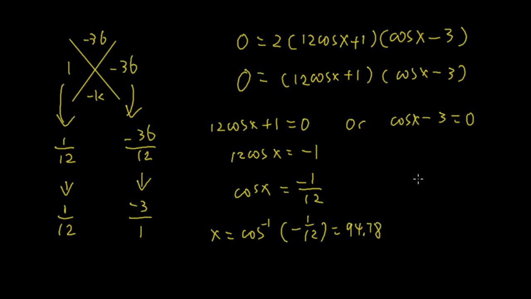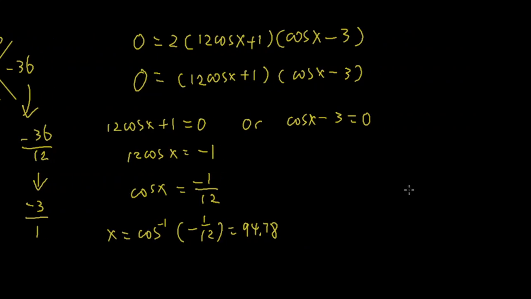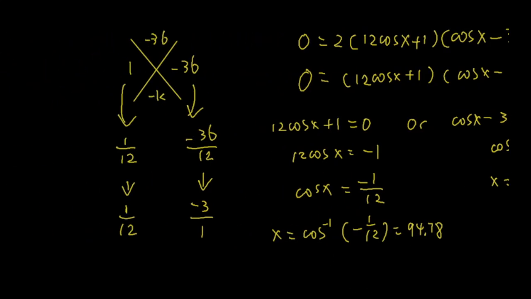How about this one here? To be honest, as long as one of them works, that's okay. But let's do it as well. So add 3 to both sides. Cosine of x is equal to 3. Then x is equal to cosine inverse 3. If you put that in the calculator, it gives you undefined. But anyway, one of them works. So we can keep that potential value.